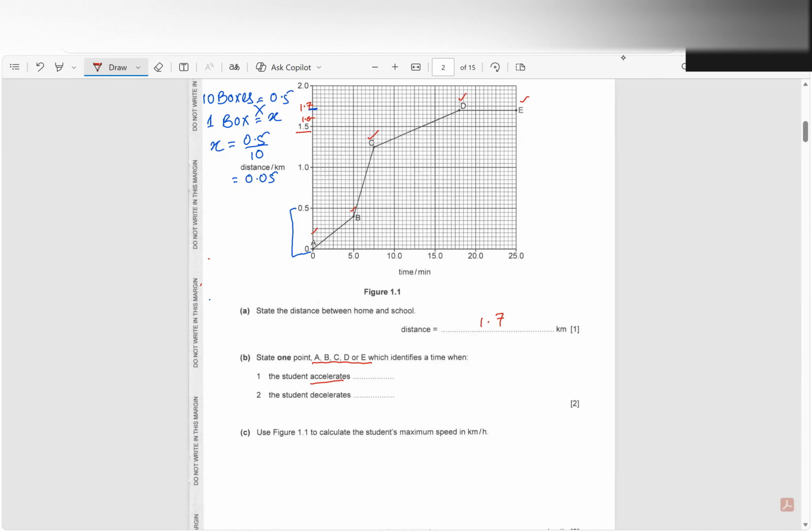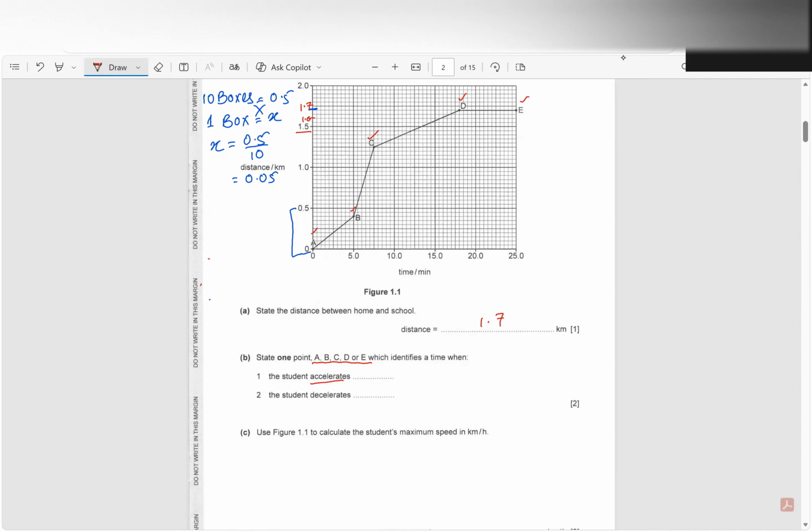If we can see from A till B, B till C, C till D, D till E, the slope is changing. We have been asked to tell at which point exactly the student is going to accelerate. So we're going to see that point where the student's speed is going to start increasing.